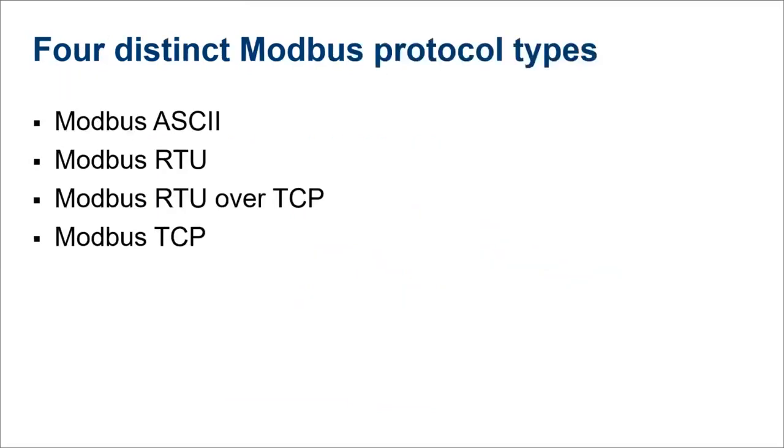Modbus supports four primary protocols here. Modbus ASCII is something that we don't see very often these days. Originally, it was supported by a few Modicon devices, a few third-party vendors. The way this worked was it would actually send ASCII text for those hex characters that we were seeing.